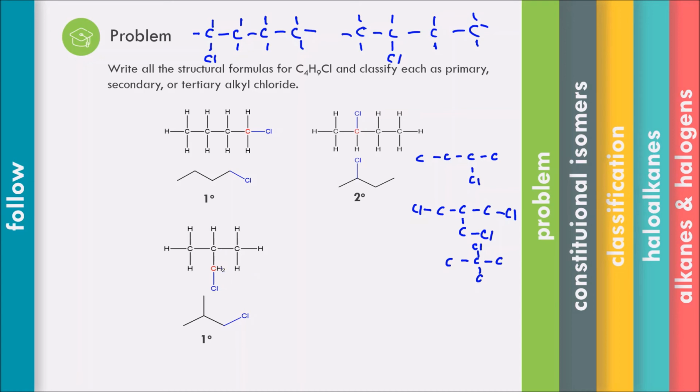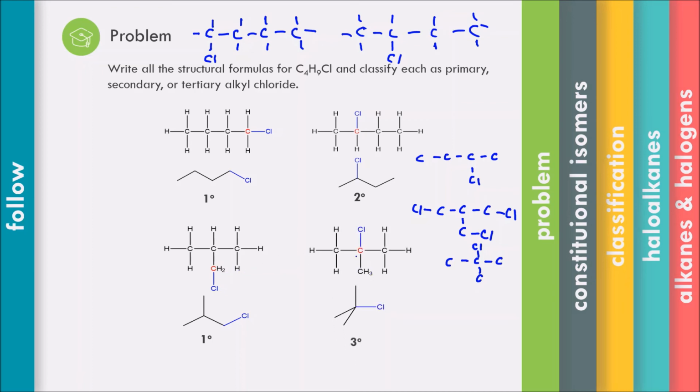The parent chain, or longest chain, would be those 3 carbons. This is the primary carbon, because the carbon bearing this chlorine is connected to this carbon, and this carbon is connected to only one other carbon. Hydrogen does not count. So this is the primary alkyl chloride.